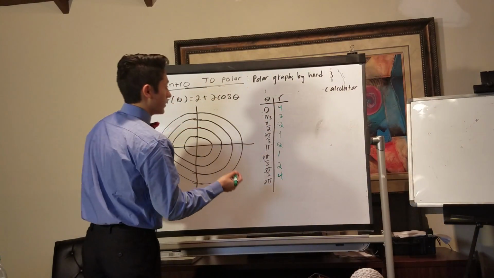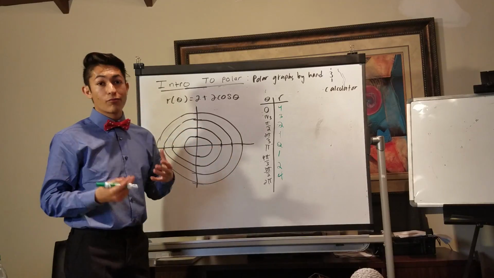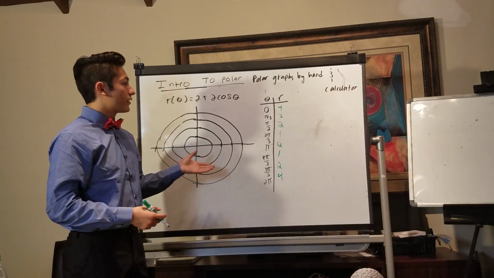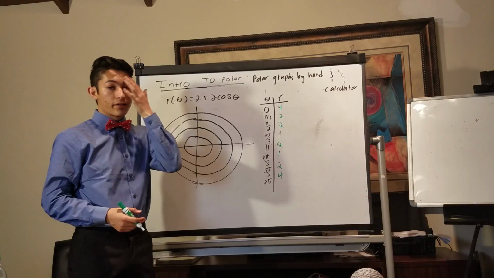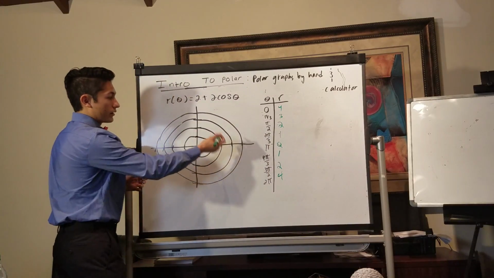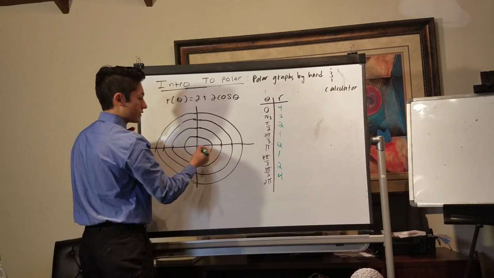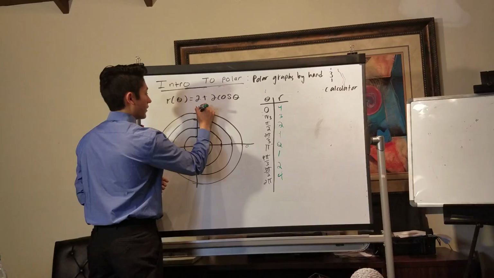So let's graph this. So again, a huge concept is polar graphs, we're rotating. And unlike the rectangular coordinates, we're going to be rotating in polar along the radii. So let's start from theta equals 0, and I'll write the angles here.